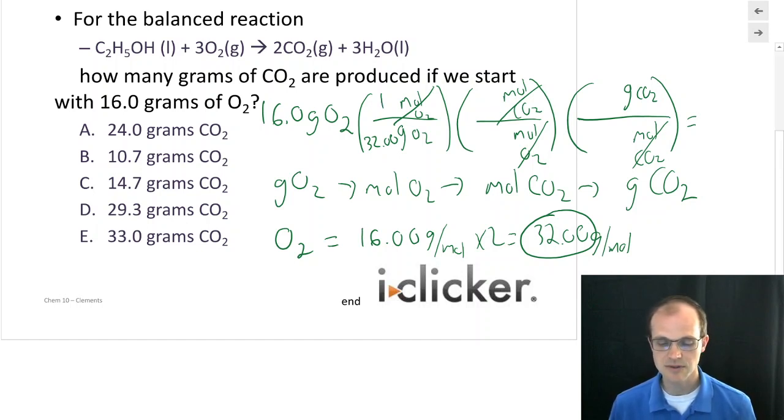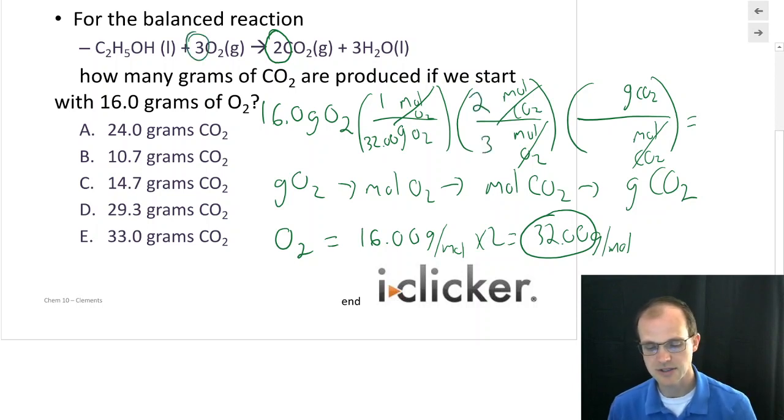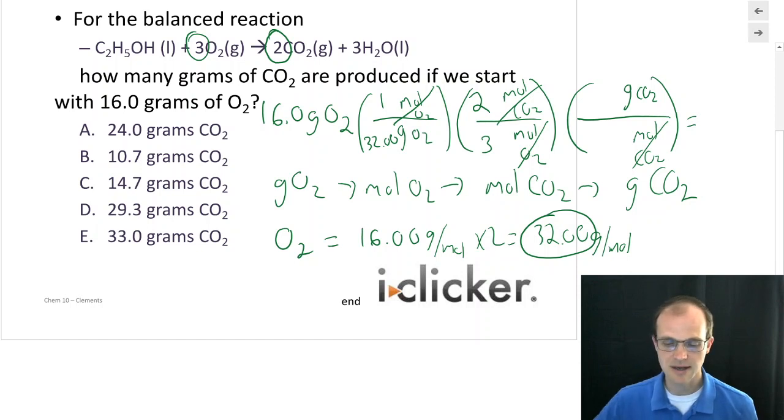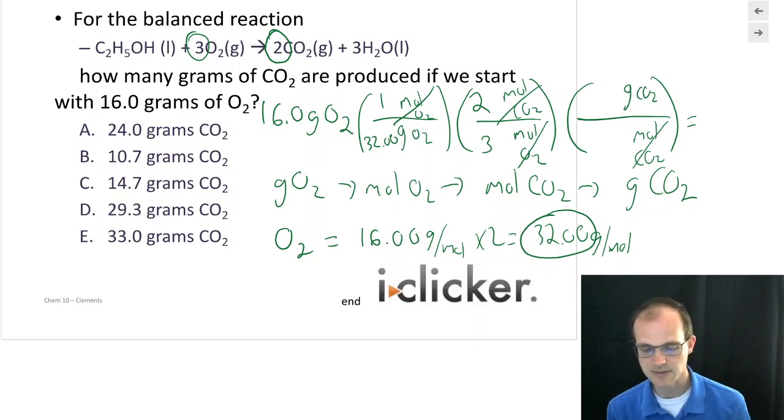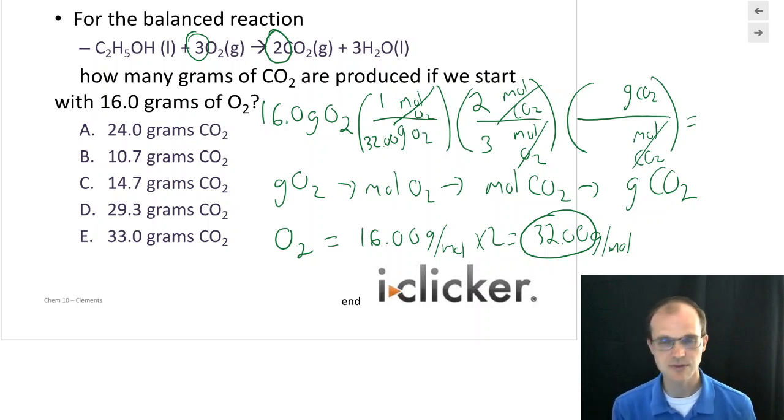The next one, moles of one thing to moles of another thing. Where do we get those numbers from? Straight from our balanced chemical reaction. There is a 2 in front of CO2. There's a 3 in front of oxygen. And so I just copy those numbers down. I copy the 2 down. I copy the 3 down. Then the next one, grams of CO2 to moles of CO2. Hopefully that comes up in your brain as, oh, molar mass.